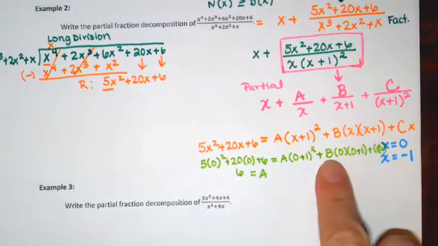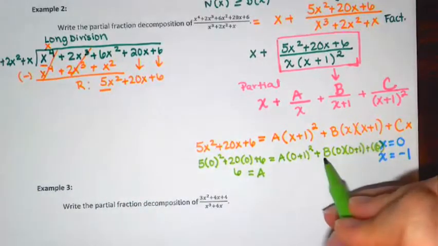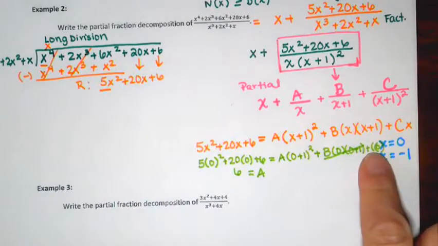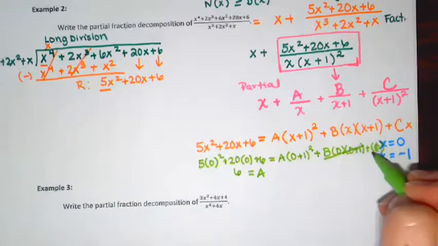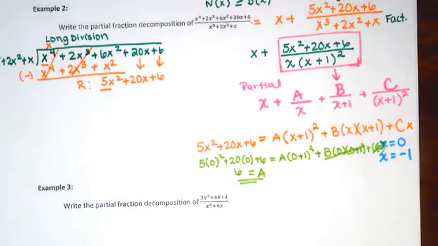What's 0 times b? 0. So my b cancels. And what's c times 0? 0. It cancels. So my a is 6. Are you okay with that? All right, now we have to try -1.